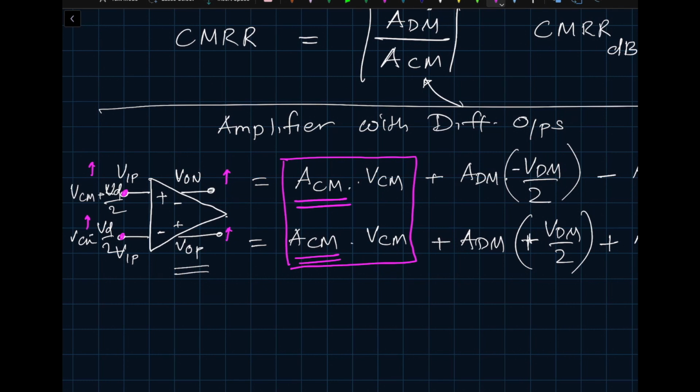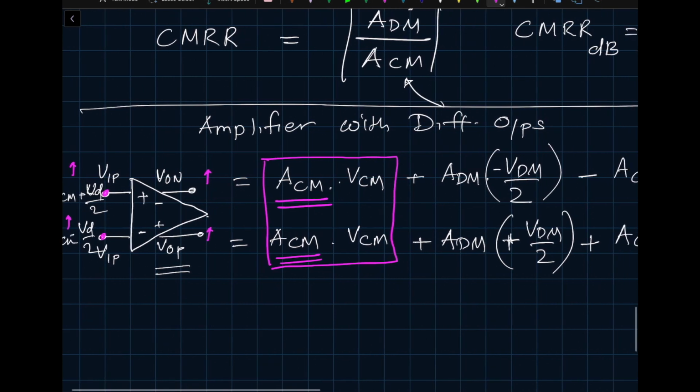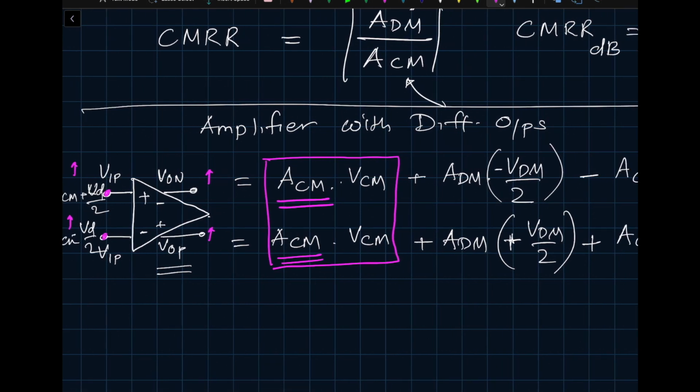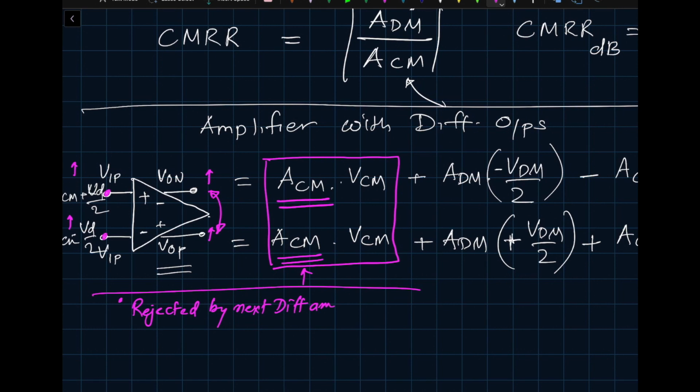When I look at the differential signal, I'm only looking at the difference between these two outputs. Any common mode movement at the output doesn't really bother me, since I have a differential output. Any future amplifier will reject this signal, because if there is a next amplifier cascaded, which is also a differential amplifier, this part will be rejected by it.